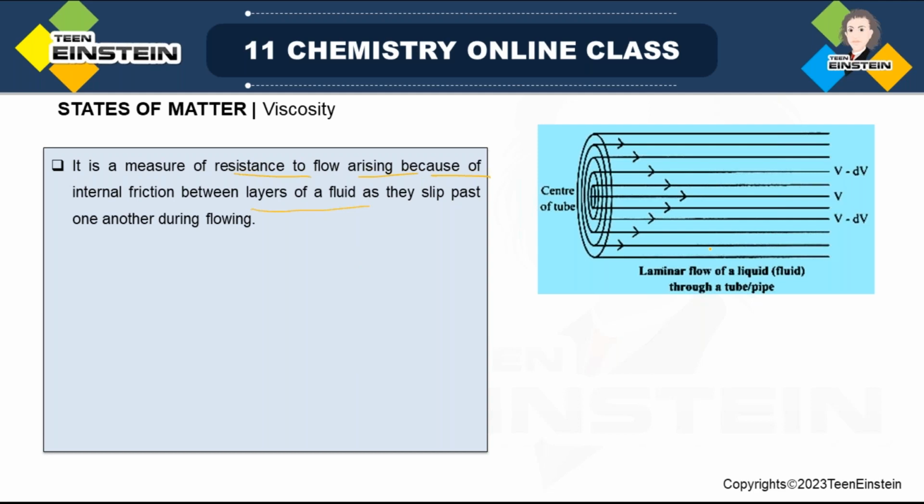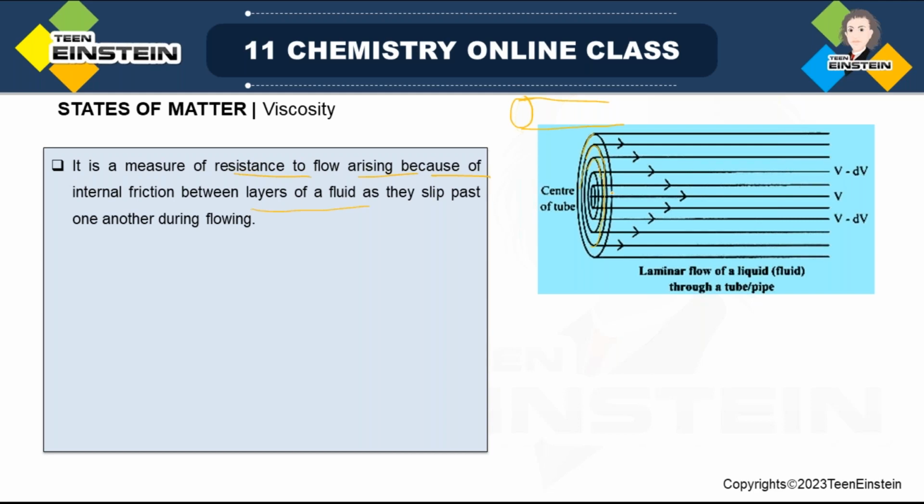So in this picture, suppose we have a tube like this. Just imagine a 3-dimensional tube. Suppose this is the outer surface, and inside it there is another layer of liquid. There is actually no tube, you just have to imagine another layer of liquid, and inside it another layer.